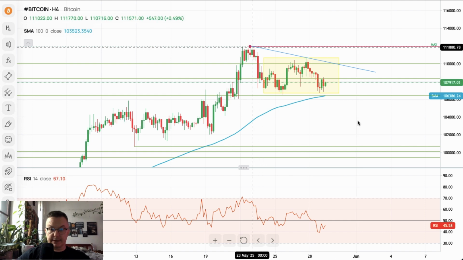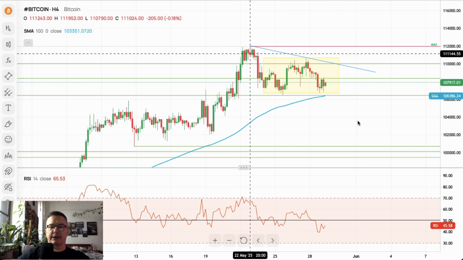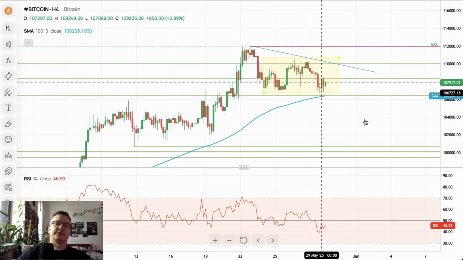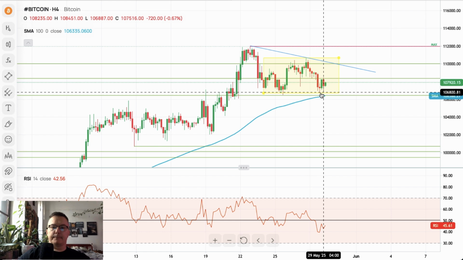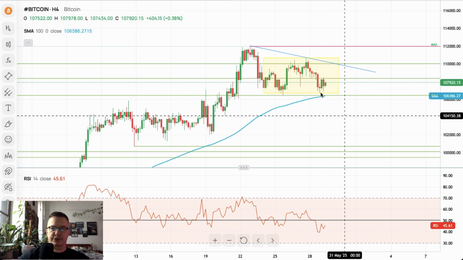Please remember that this is the all-time high, new all-time high on the Bitcoin market, so we are trading very close to the all-time high. Well, right now it all depends which side of the market will actually throw in the towel, and where the breakout will be, to the upside or to the downside, what direction the breakout will be.